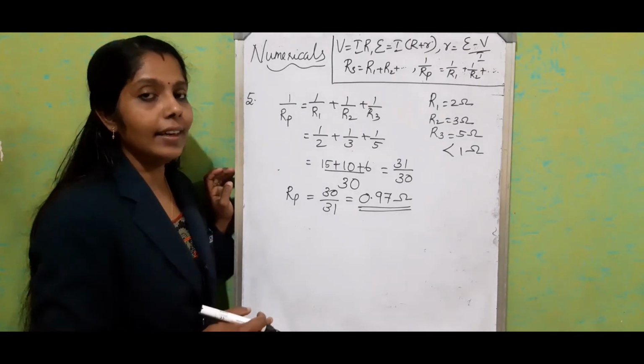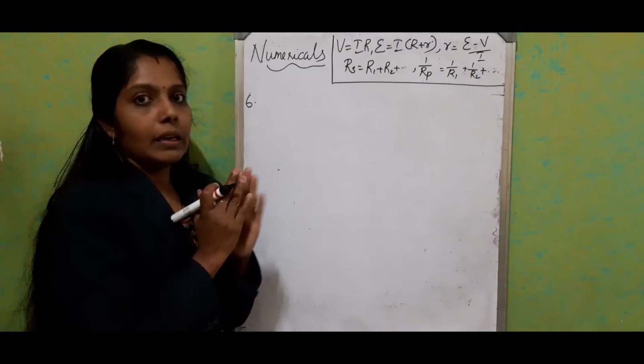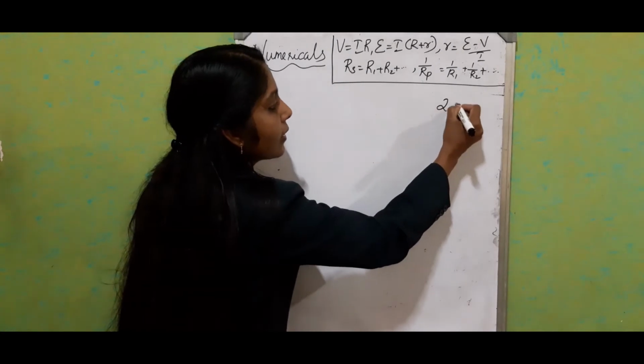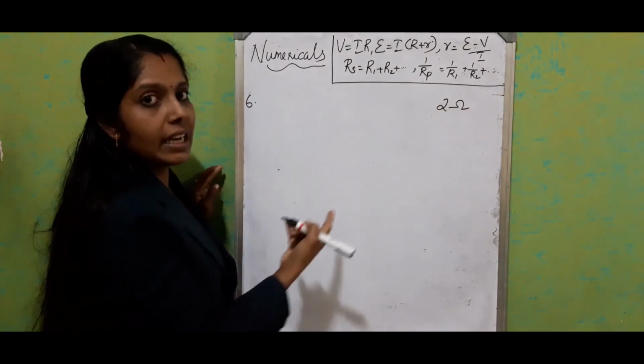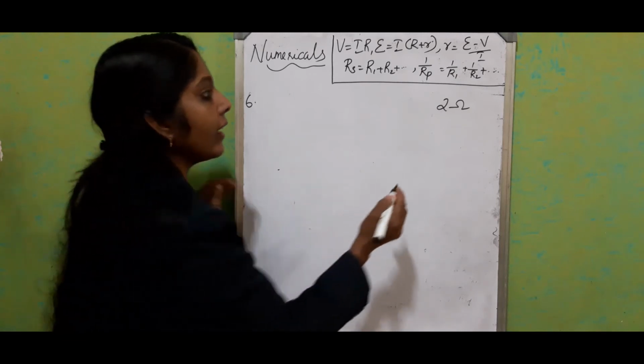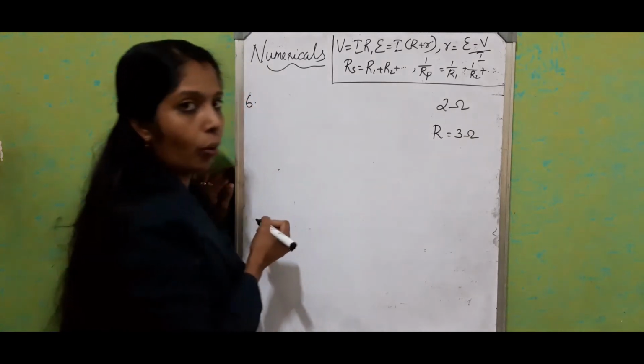Okay, let's see the next question. Next question is given that three resistors, each of 2 ohm resistance, are connected in such a way that we have to get the final answer as 3 ohm.